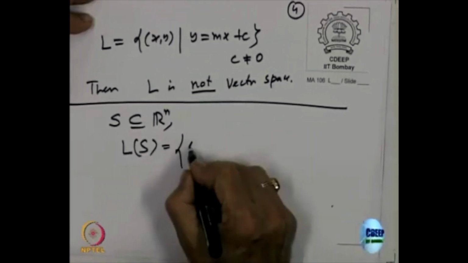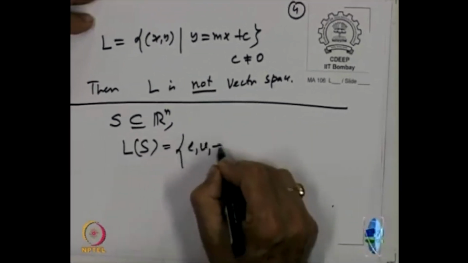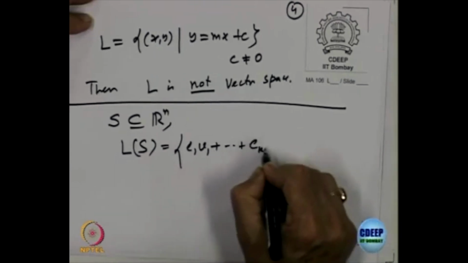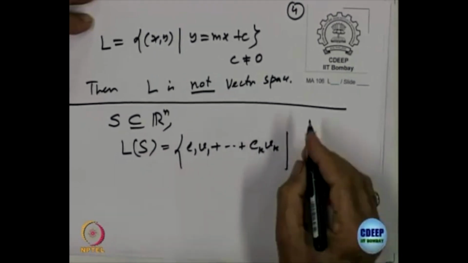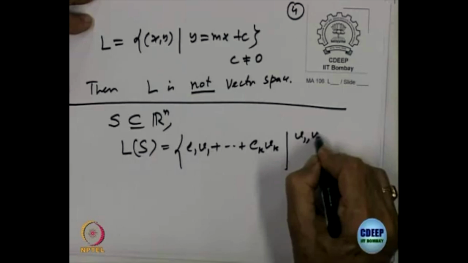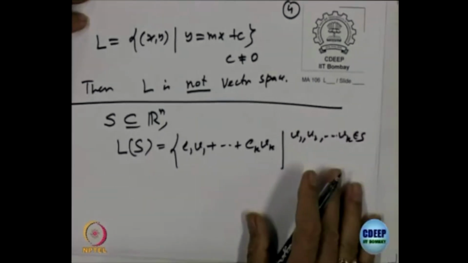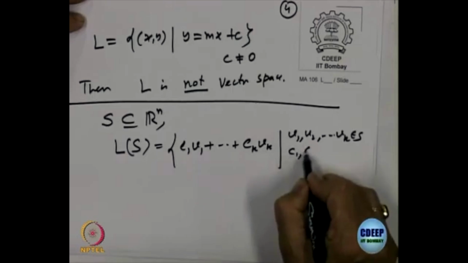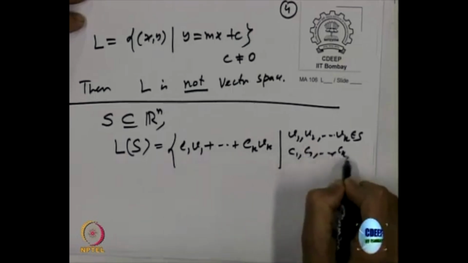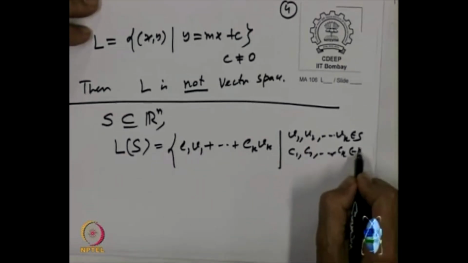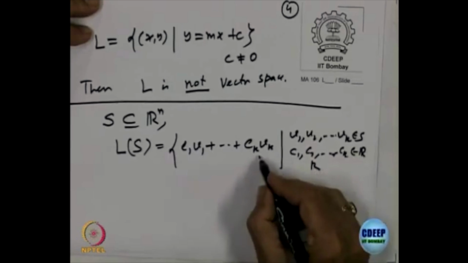LS is c1 v1 plus ... plus ck vk, where v1, v2, ..., vk belong to S, and c1, c2, ..., ck belong to R, and k is not fixed.